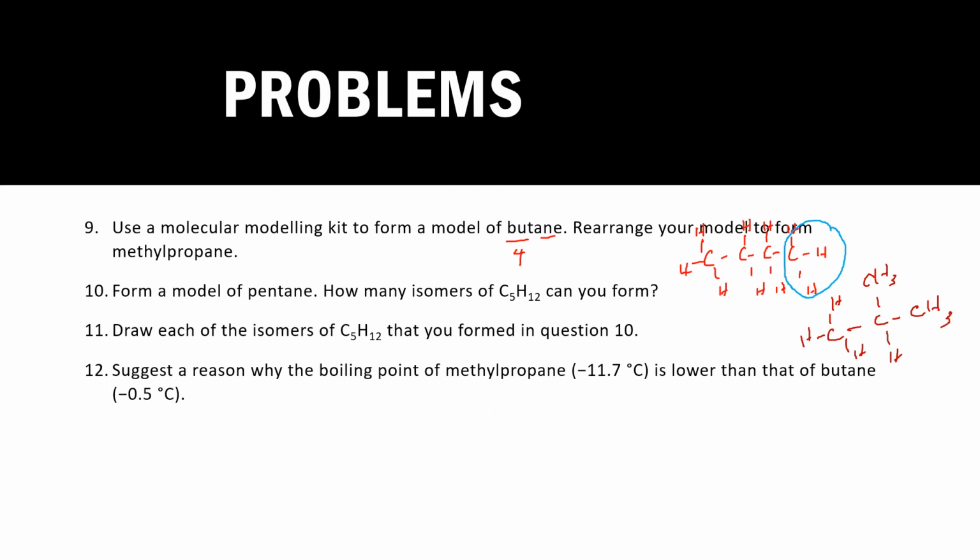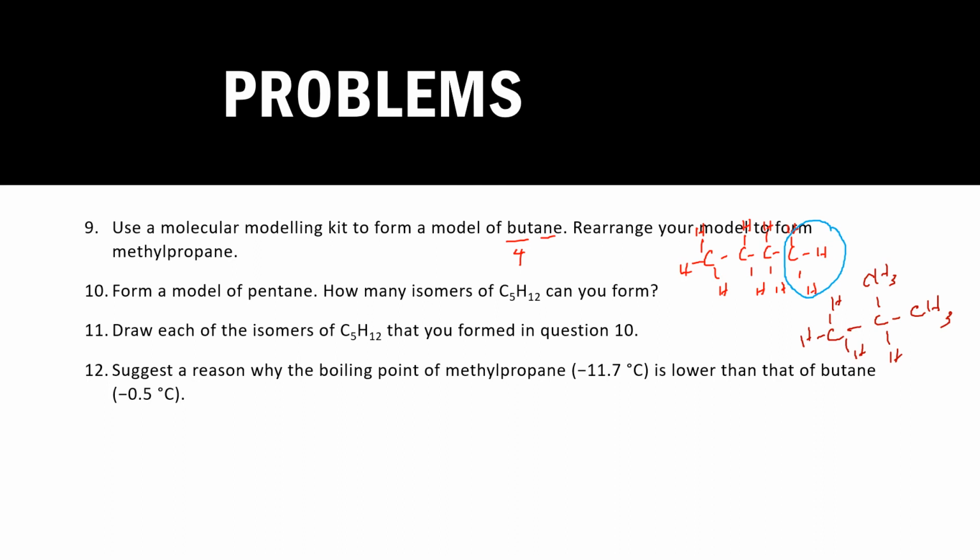Yeah. So now what happened? This CH3 here in the circle moves to the second CH, moves up. So then we can get this, the model to form methyl propane.